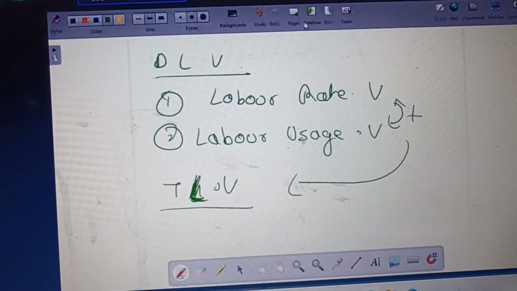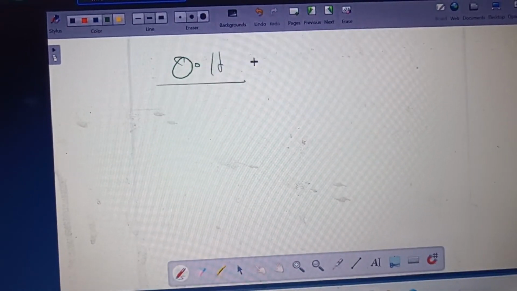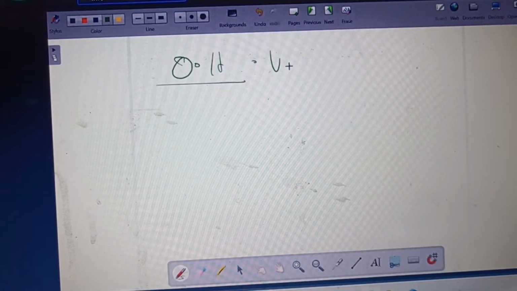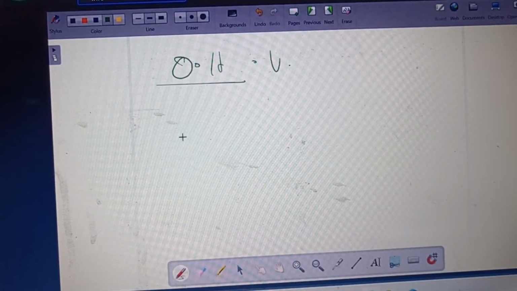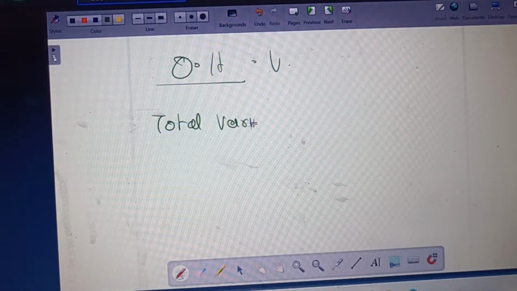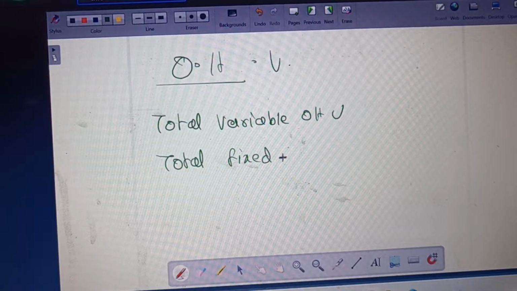Then we have overhead variance. That is total variable overhead variance and total fixed cost variance. We can call it fixed overhead variance.